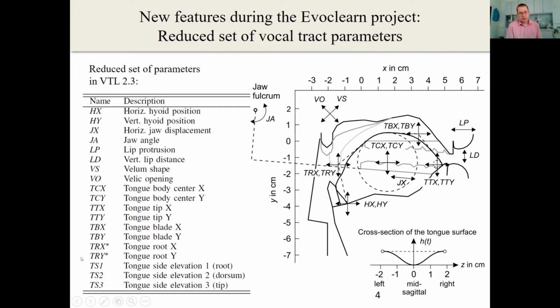Here TRX and TRY, the two with the star, depend on the other vocal tract parameters and can be inferred automatically, so that we have, in fact, only 17 parameters to specify the whole vocal tract shape. There were some simplifications that really had a positive effect on naturalness, but I will not go into detail. In effect, this is much simpler than the vocal tract model from version 2.2.